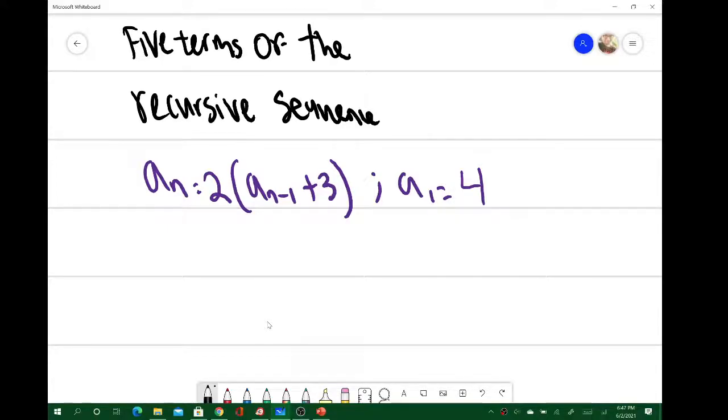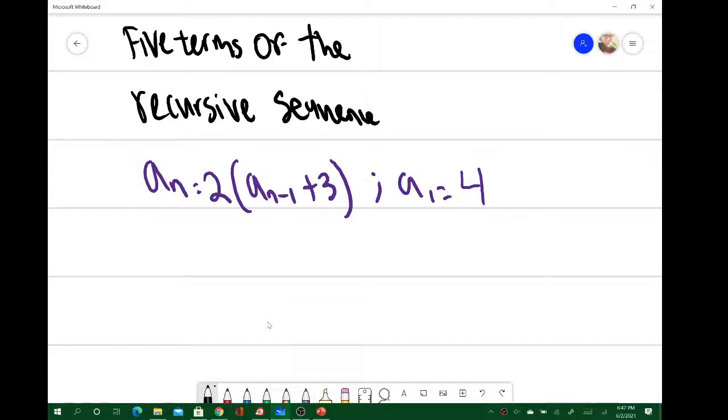So for example, we have the following formula. We have a sub n equals 2 times the quantity a sub n minus 1 plus 3.